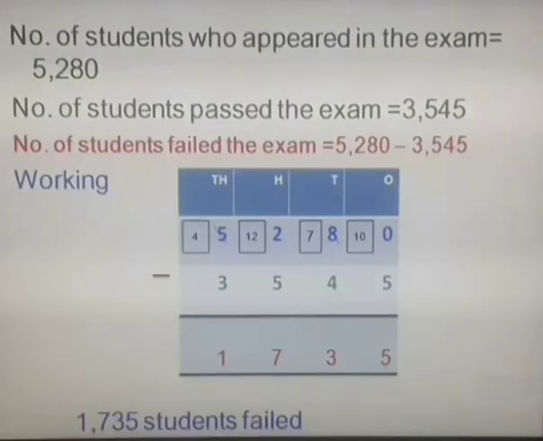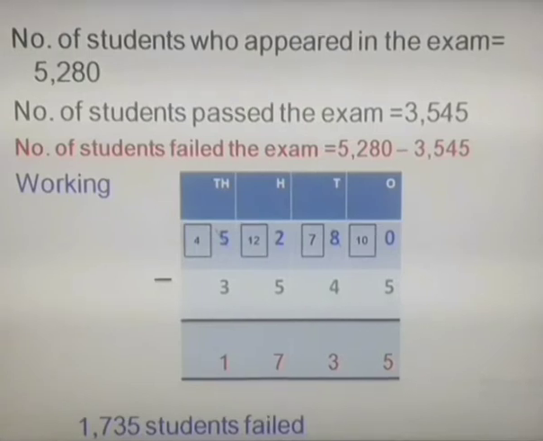Now children, after arranging the numbers in their proper place value columns, now let us subtract them. Children, we will start from the ones column. In ones column, we have 0 and 5. But children, can we subtract 5 from 0?